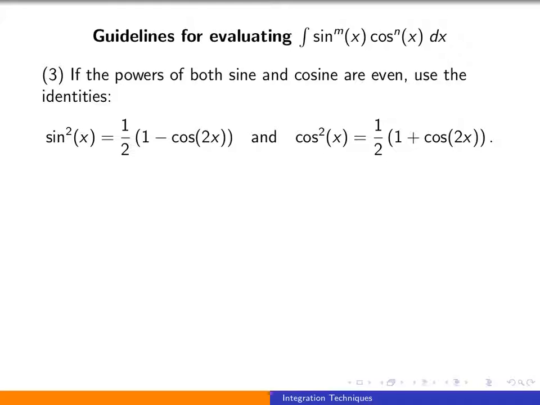If the powers of both cosine and sine are even, then what you need to do is use those half-angle formulas we previously discussed and rewrite everything in terms of those, algebraically expand, and then integrate. And the section on trigonometric integrals contains several different examples of this.